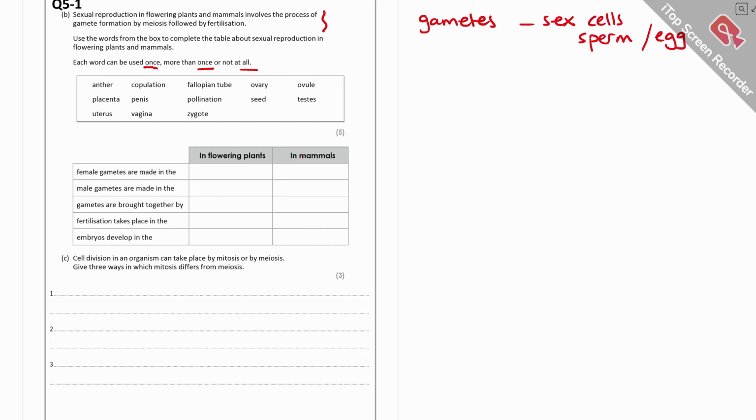Right, okay, let's do mammals first. I find that easier. So, female gametes are produced in the ovaries. Male gametes are made in the testes. Gametes are brought together by a process called copulation.